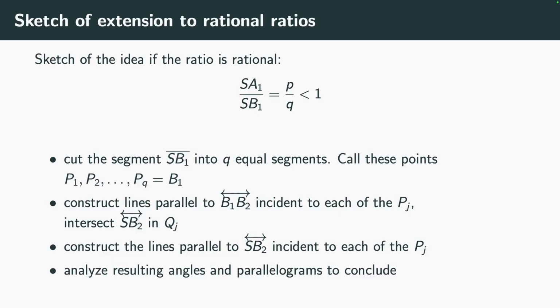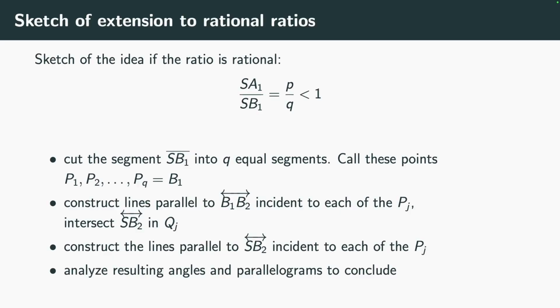And now what I do is I slice up the segment SB1 into Q equal segments, and I'm going to call these points, let's say, P1, P2, etc., up to PQ. And I'm going to construct all sorts of lines parallel to B1, B2, incident to each of the PJs. And I'm going to construct lines parallel to SB2, incident to each of the PJs.